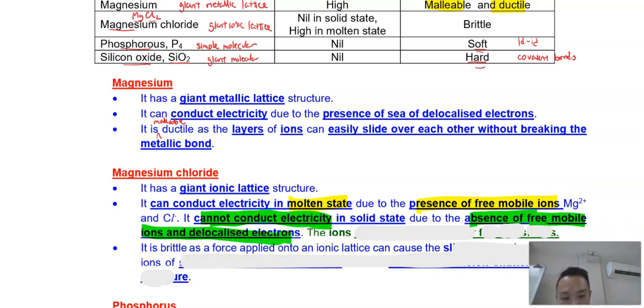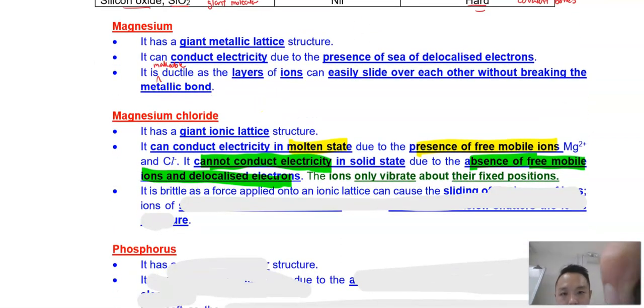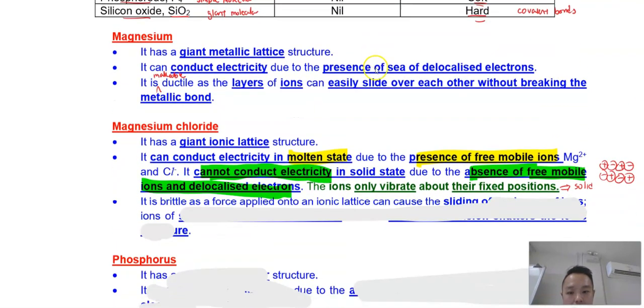Why are there no free mobile ions? Because ions can only vibrate about their fixed position. In the solid state, the ions of ionic compounds are held in a fixed regular arrangement.